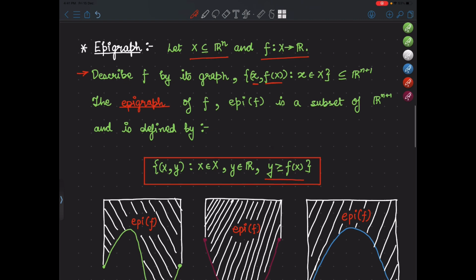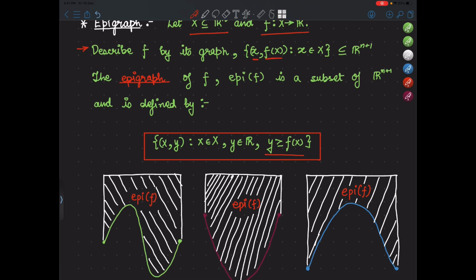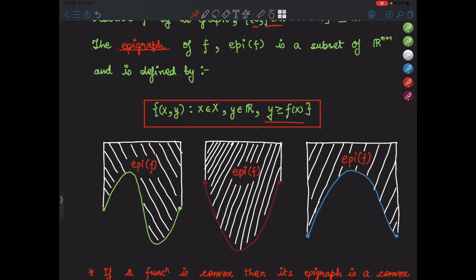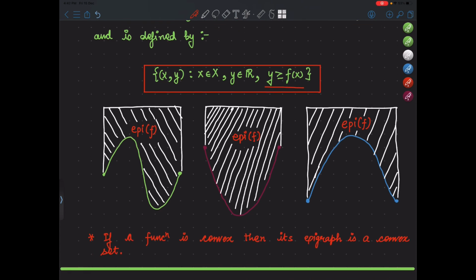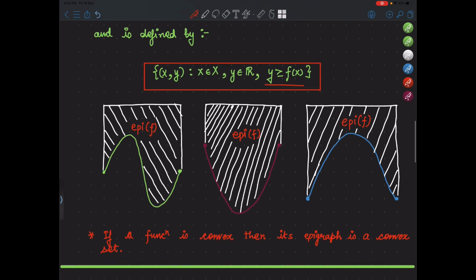The epigraph of f is a subset of R^(n+1) defined by the locus of points (x, y) in which x belongs to the input set X, y belongs to R, and y is greater than or equal to f(x). So basically all the portion of the graph which is above the graph of the function is the epigraph.